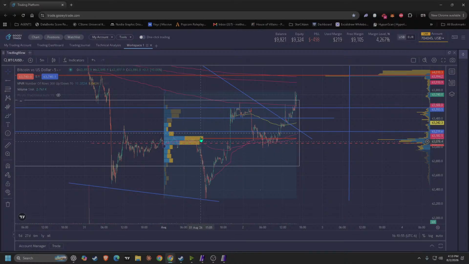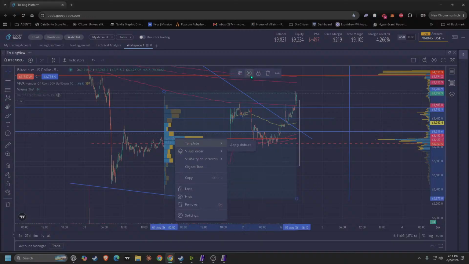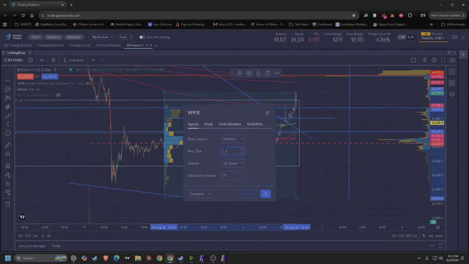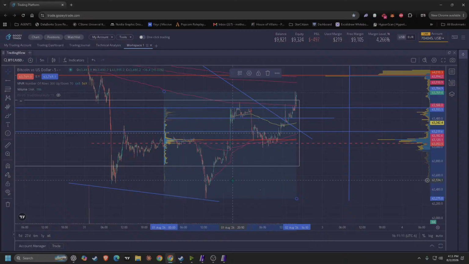This is where the high volume is right here. This is the support area. This is a more recent profile, or actually this is the more recent. Let's change this so we can see a little bit deeper. Yeah, it's a support right there.